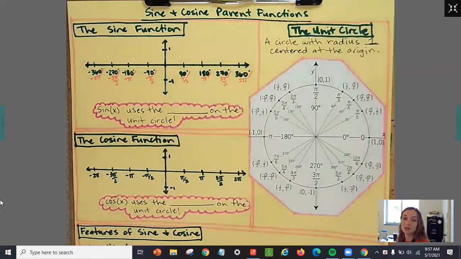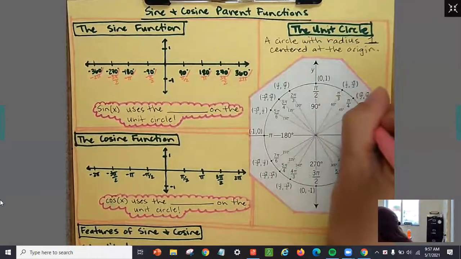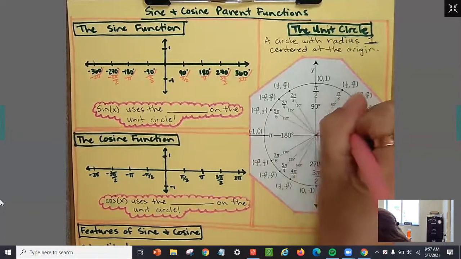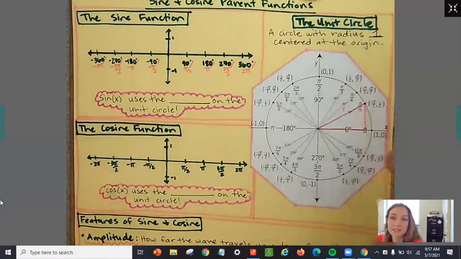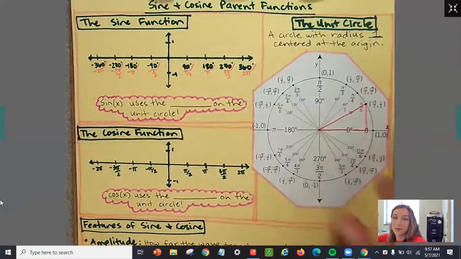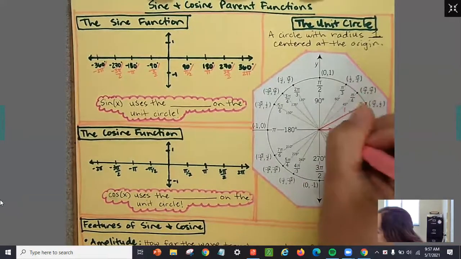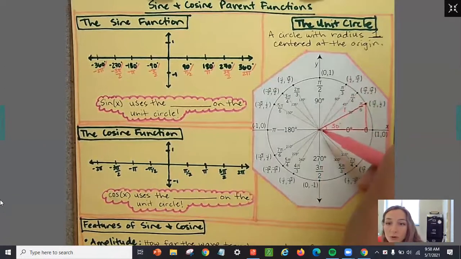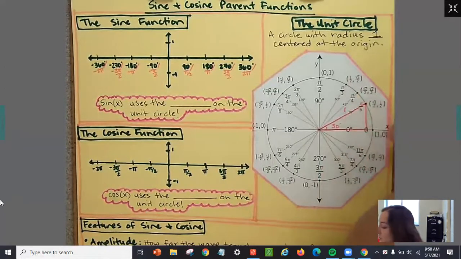So one thing about the unit circle is that you have a horizontal and vertical displacement from each point here. So if I make a little right triangle on this point right here, because there is a radius of 1, then I can do, this is the angle of 30 degrees, I can do the opposite over the hypotenuse.